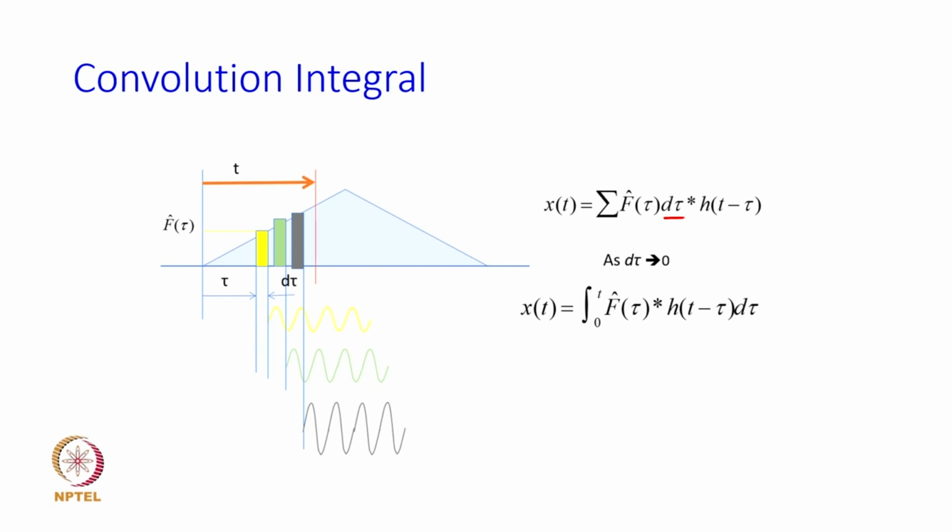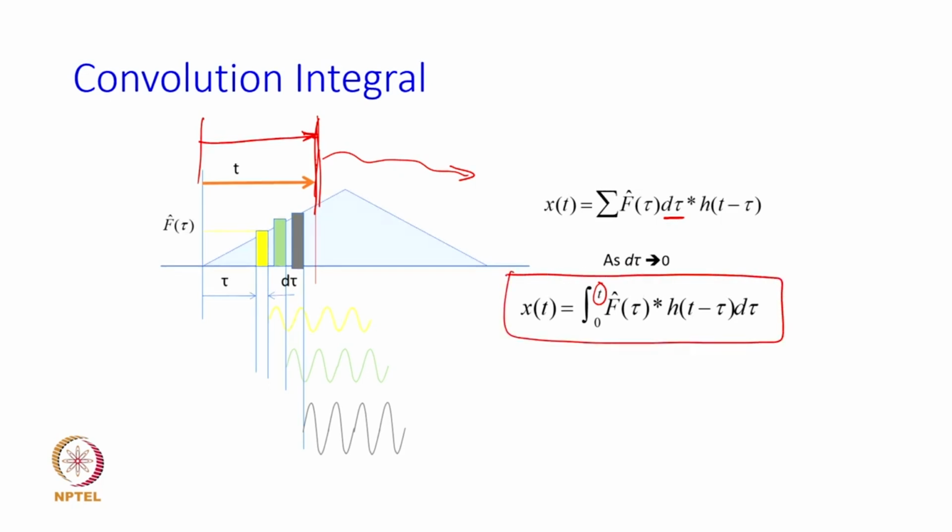The summation has to happen from 0 to t, because if you are interested in finding the response at this time, the contribution would only occur from all the impulses prior to that. Anything that happens beyond this has no role to play, and therefore the summation of all the impulses before t would contribute, so it has to go from 0 to t. That is how this convolution integral is helpful for us to get the response to any arbitrary excitation.